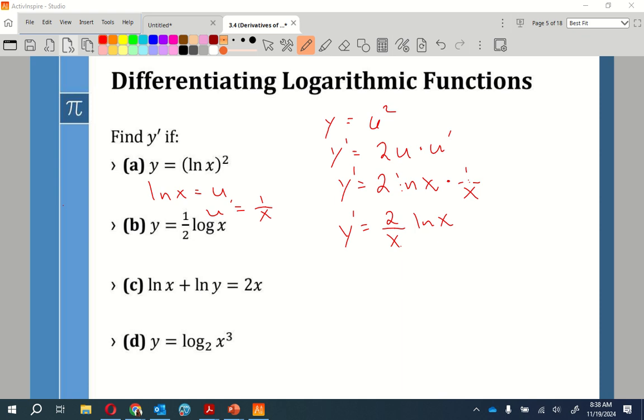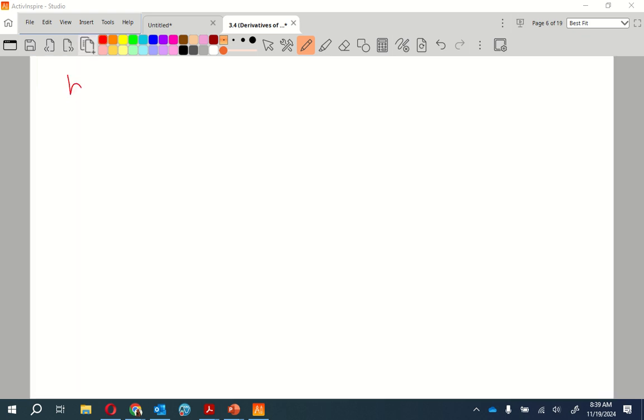All right, so next one is 1/2 log x. If there is no base on a log, what is my base going to be? 10. So if you just see log by itself, it is base 10.